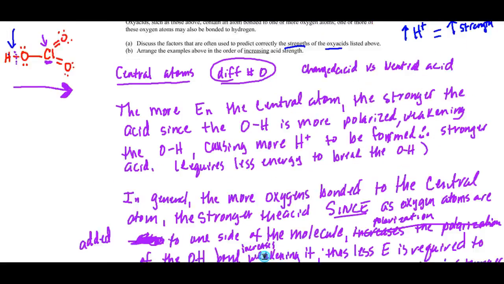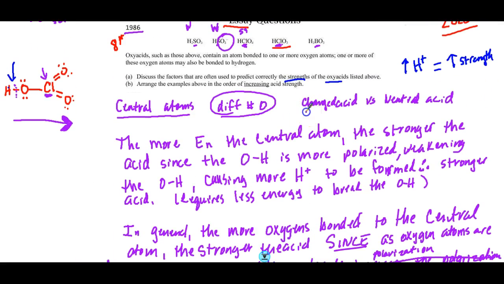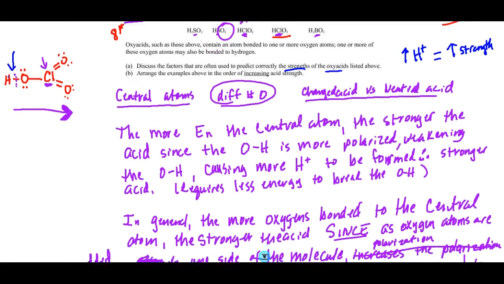And then the third aspect that we noticed up here was the charged acid. Okay, so remember how we talked about only the first hydrogen ion contributes to the pH? Because there's so little of the second or third hydrogen ion that is dissociated.